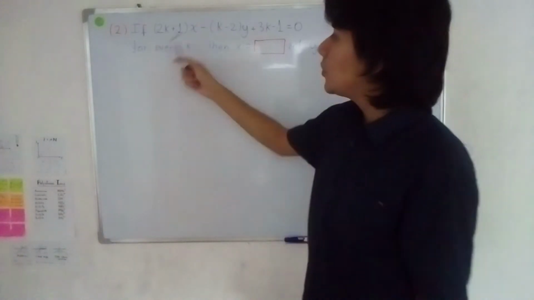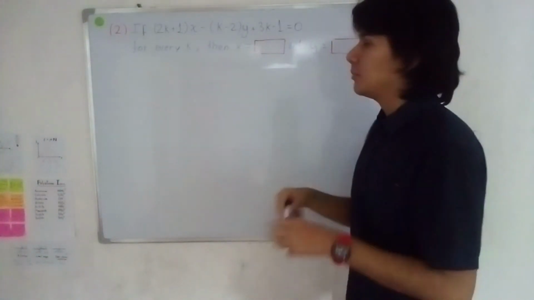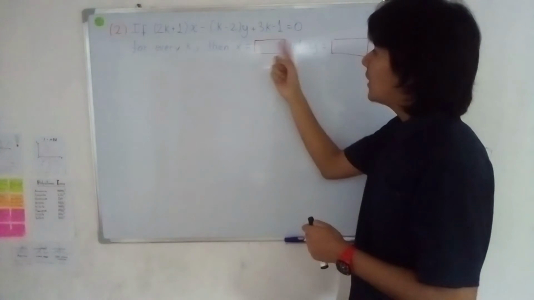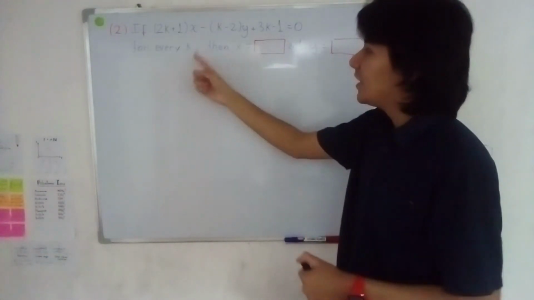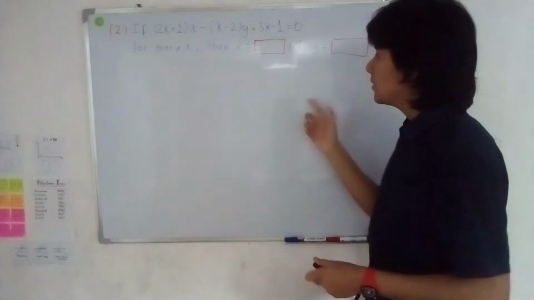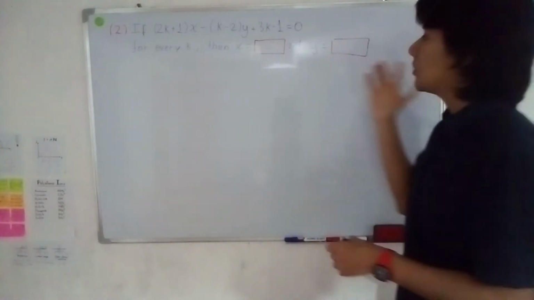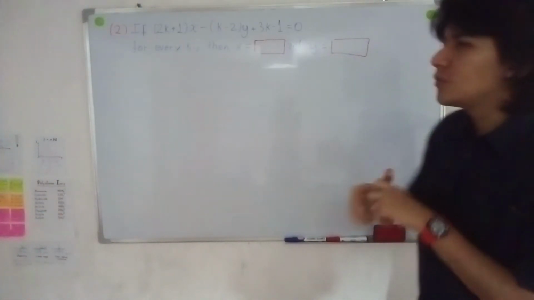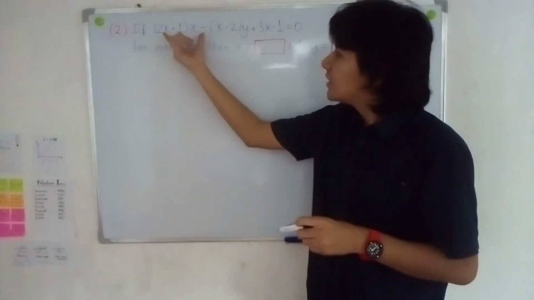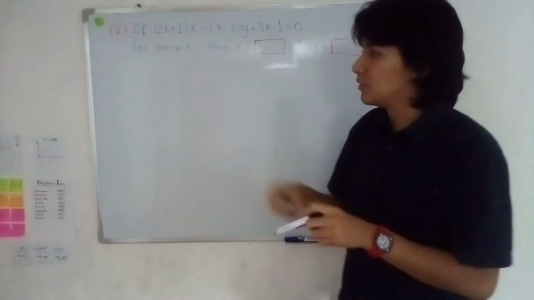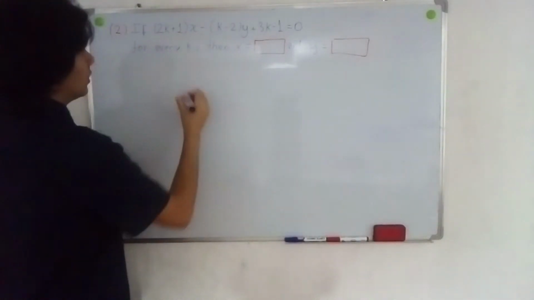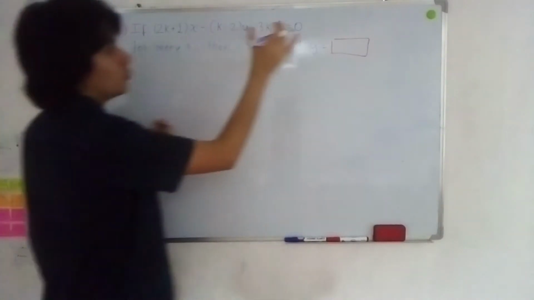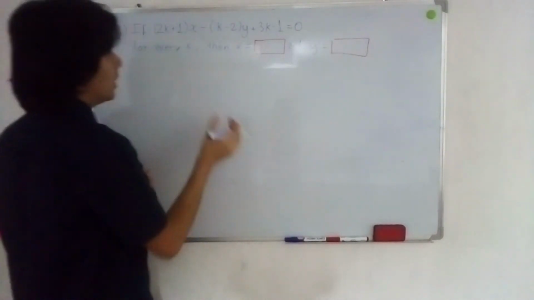Now the second question: if (2k plus 1) times x minus (k minus 2) times y and (3k minus 1) is equal to 0 for every k, then x is equal to blank and y is equal to blank. First we bring this x and this y to the right. This x we bring to negative and this positive.